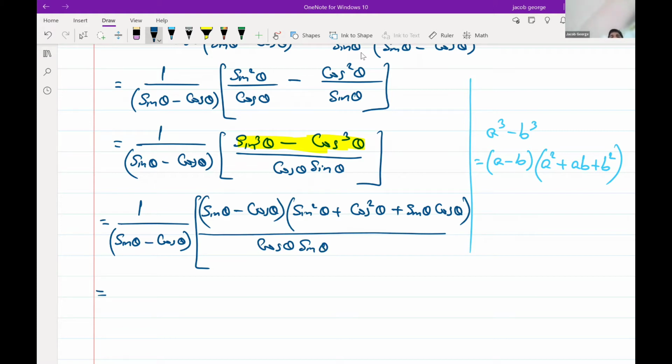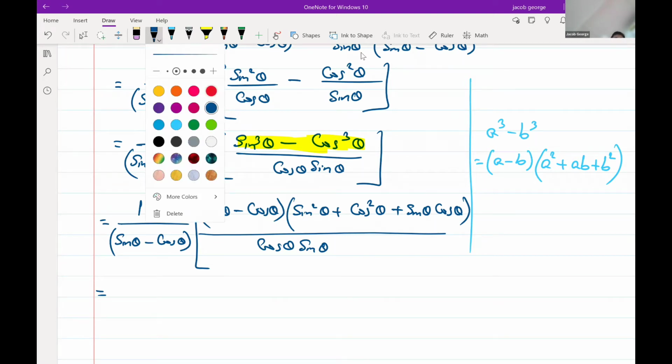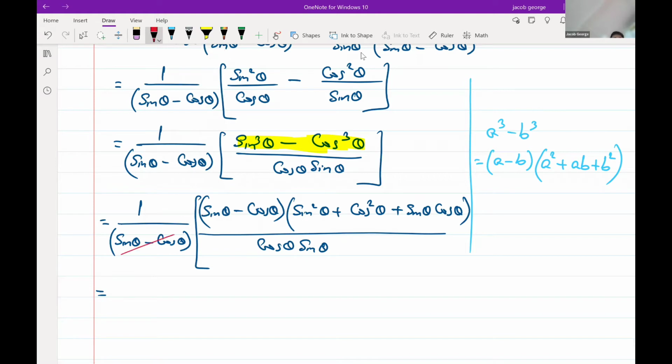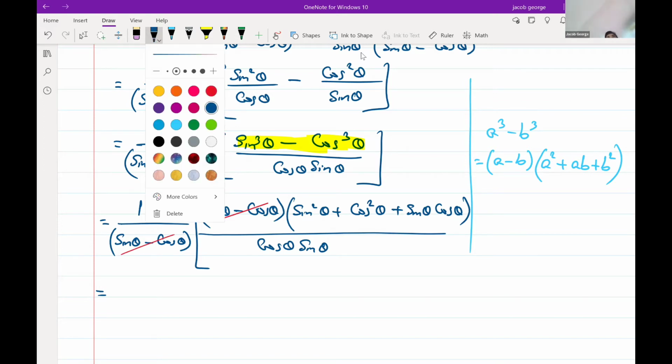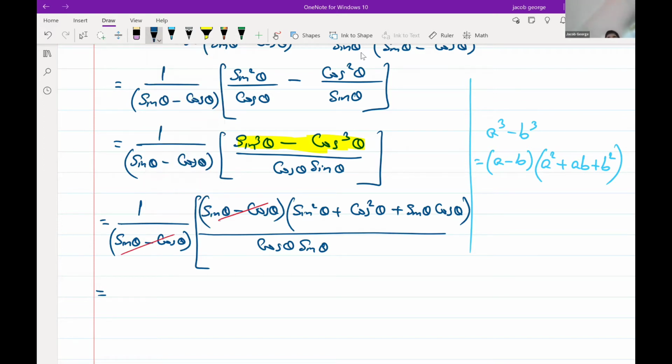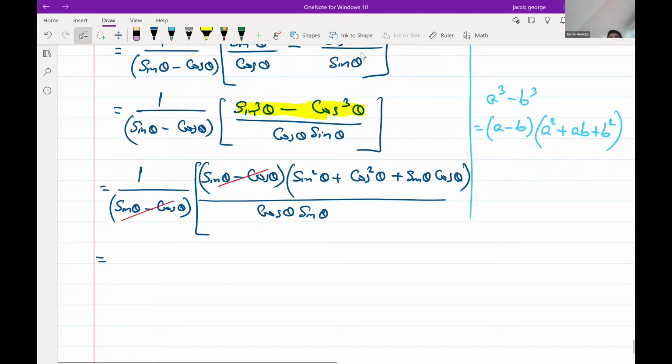Now in this step, you can see a clear cancellation. What can you cancel out in this step? Sin theta minus cos theta. Can you see these two? Both are same, right? So we cut this one. Please cancel out this. Then sin square theta plus cos square theta is 1.